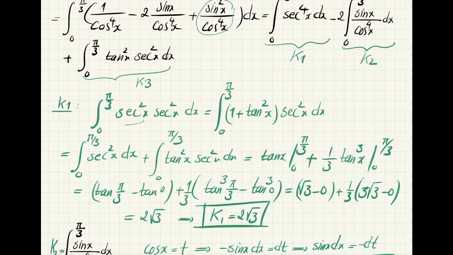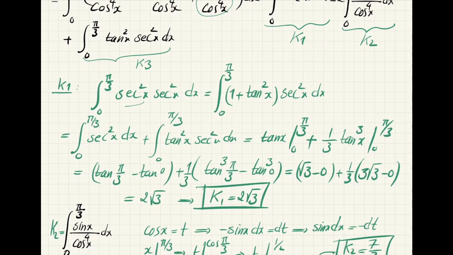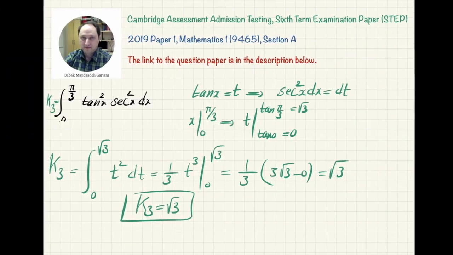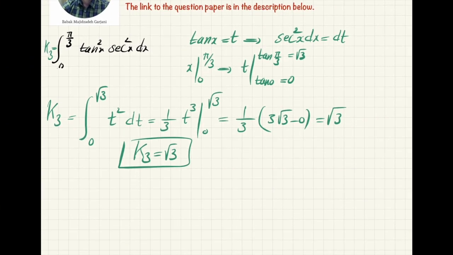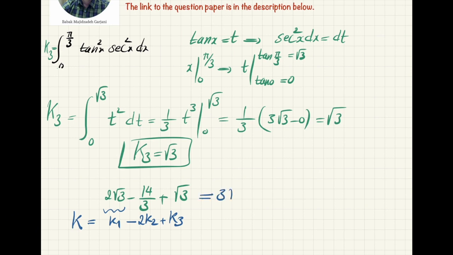So 2 square root of 3 minus 14 over 3, and then I have an extra square root of 3 here. So this is k1 minus 2k2 plus k3. This is supposed to be k. So this means that this is equal to 3 square root of 3 minus 14 over 3.